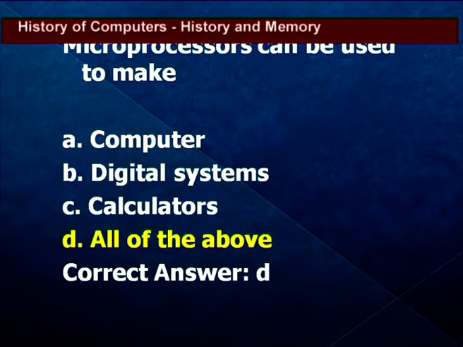Digital systems also consist of these and extended computer items. Calculators, digital calculators and normal calculators also we have to use. All types of microprocessors can be used to make the performing actions. These three options, all of the above, is the correct answer for this question.